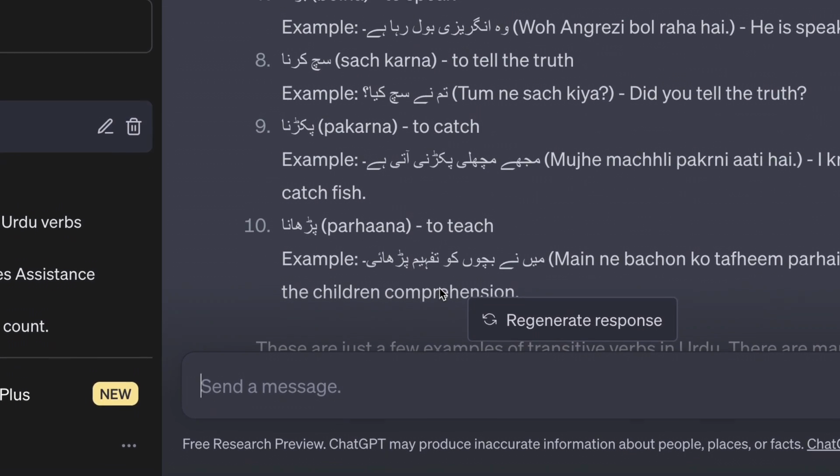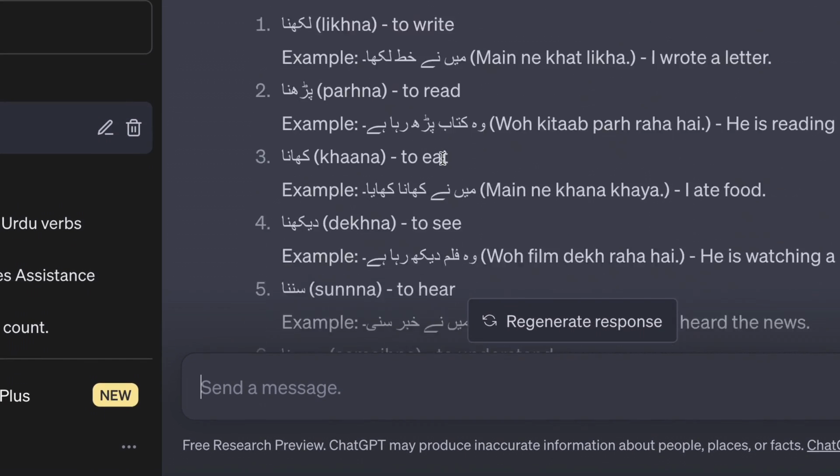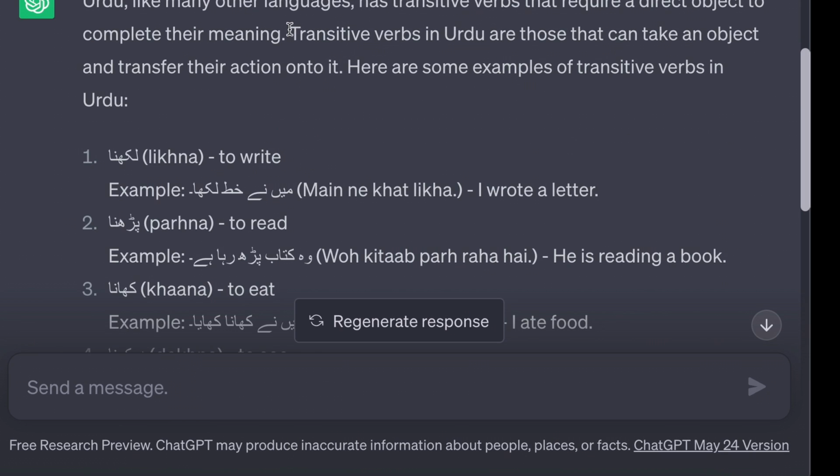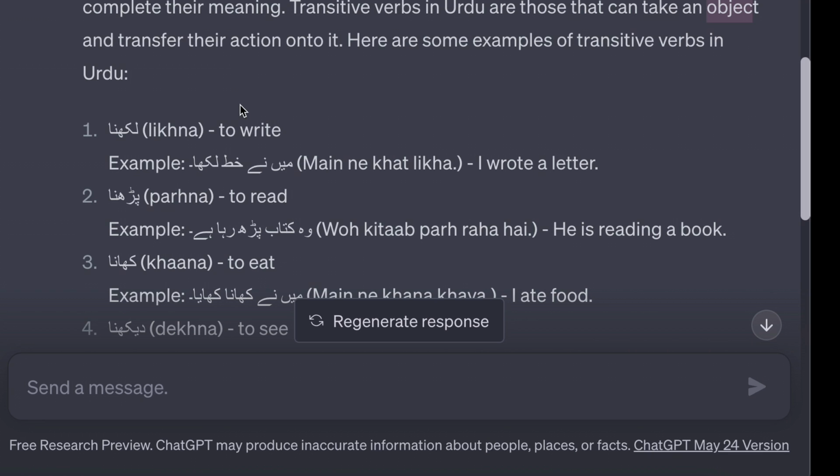So here you can see that it generated a lot of sentences and all of them are transitive verbs. The definition of a transitive verb is: transitive verbs in Urdu are those which can take an object and transfer their action onto it. So that means that the object is something that will control the verb.